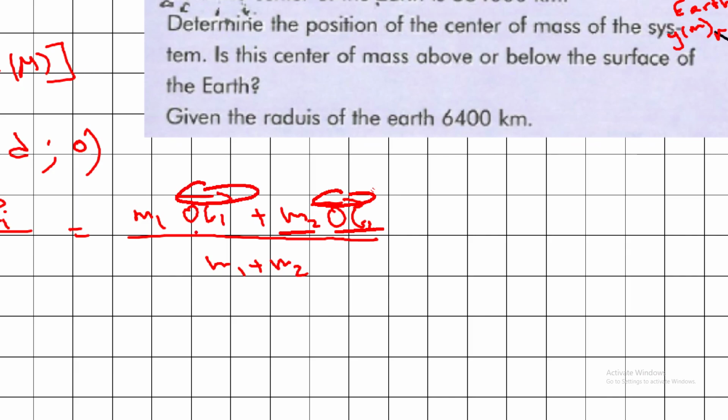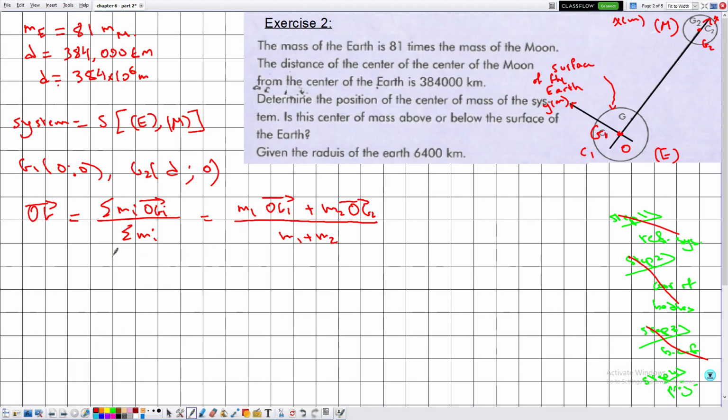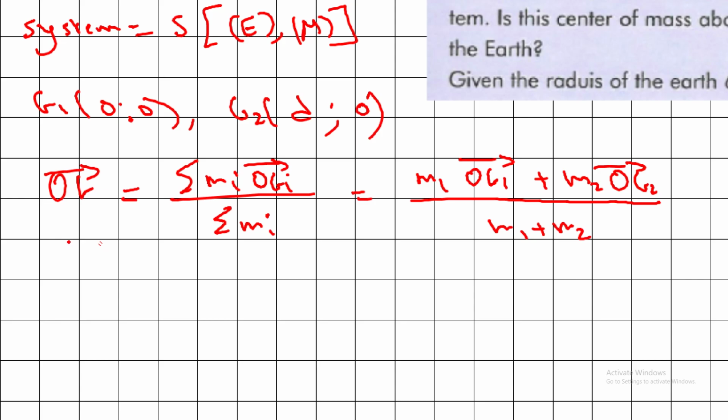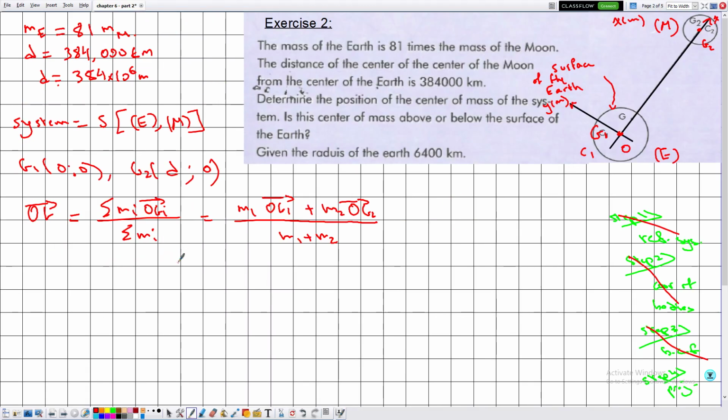This vector is only for OG1 and not for M1. And vectors must exist on the left and on the right because this is a vector relation or a vector definition. Then in this case we have that OG is equal to M1 OG1 plus M2 OG2 divided by M1 plus M2.